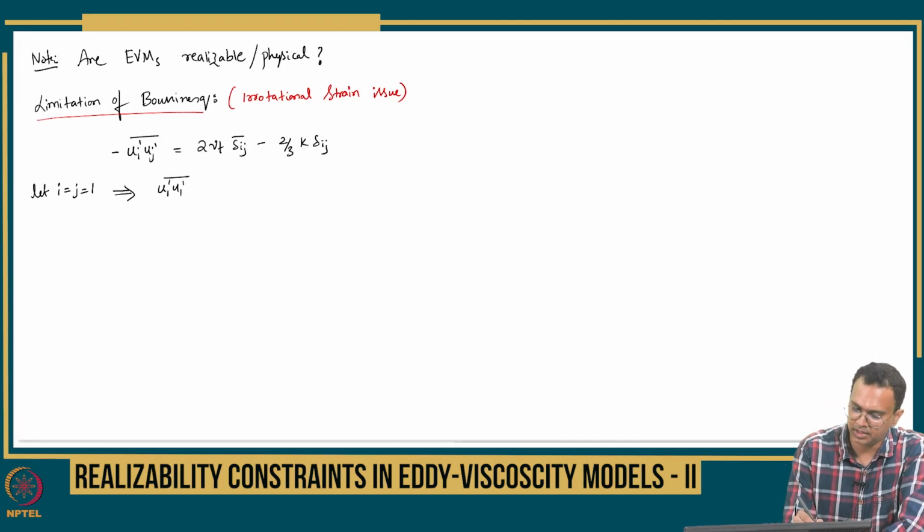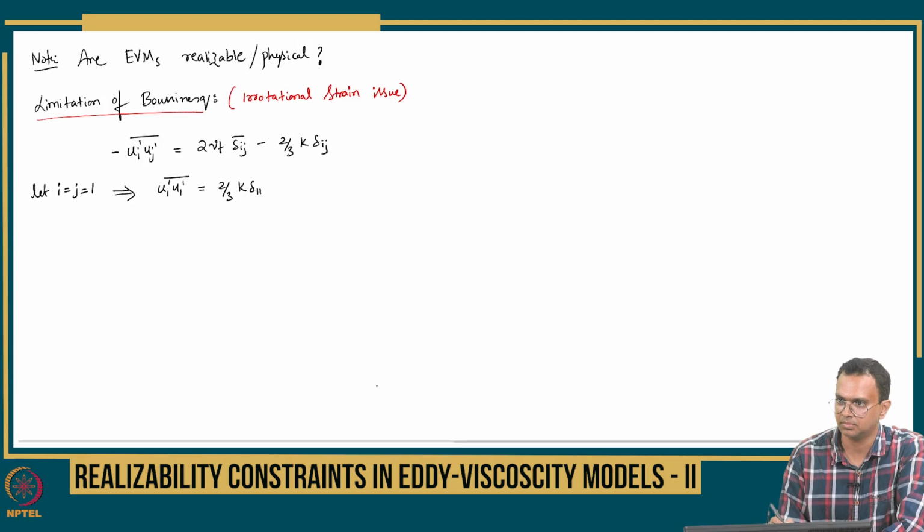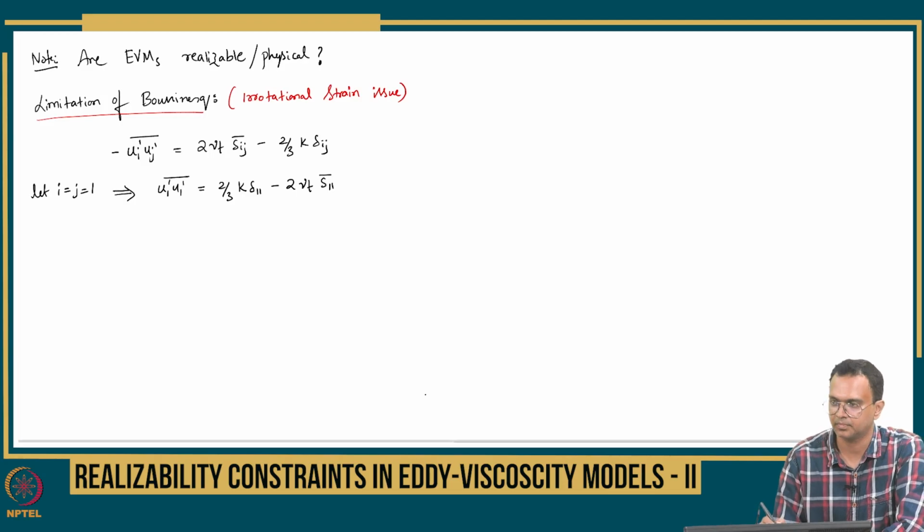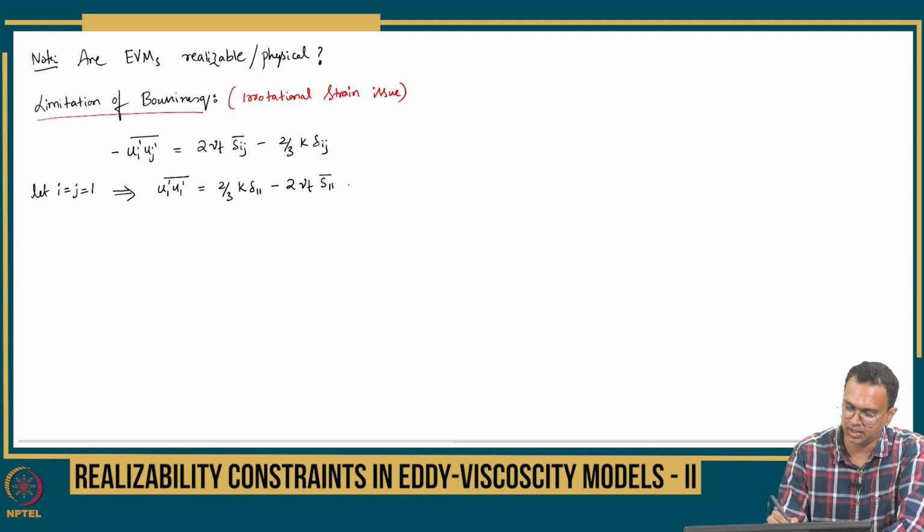So I can write this as 2/3 k delta 11, which is 1, minus 2 nu t S11 average. So what does this give me actually here?